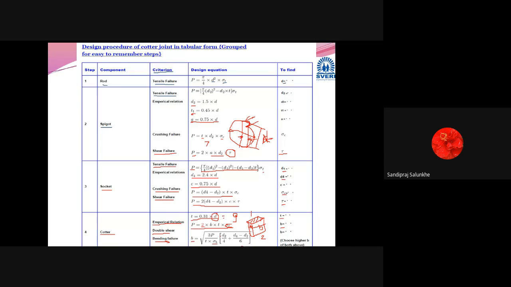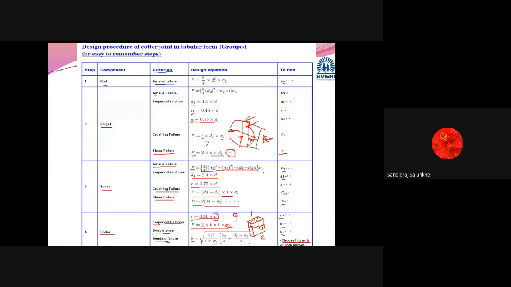Here it is written to choose the higher value of B by comparing these two formulas. Once you have calculated the B value with this formula, compare it with the value calculated with bending. Whichever is higher, you consider as the width of that quarter pin.